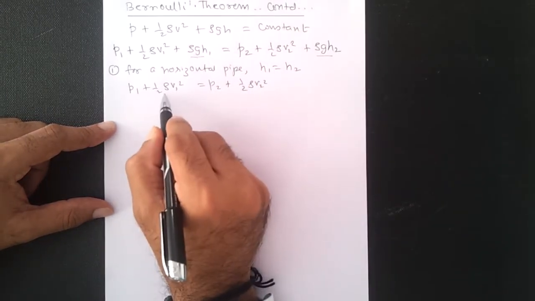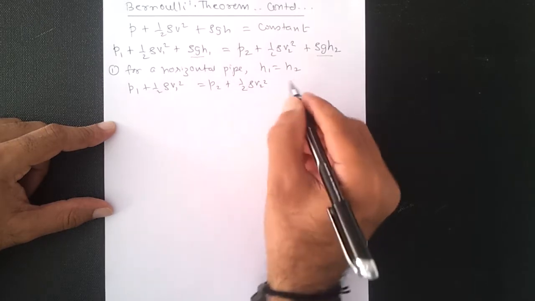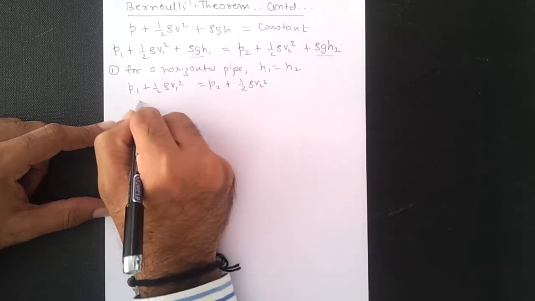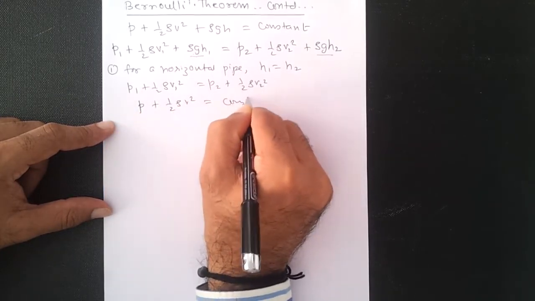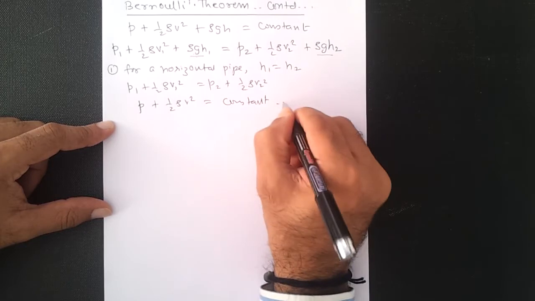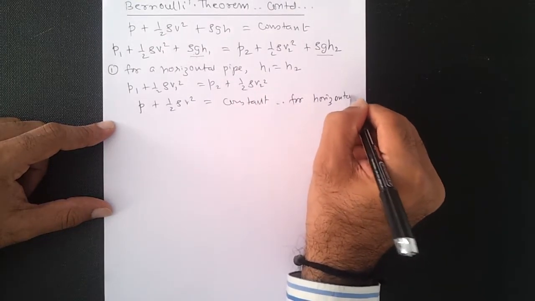This can be written as P plus half rho V square is equal to constant, for a horizontal pipe.